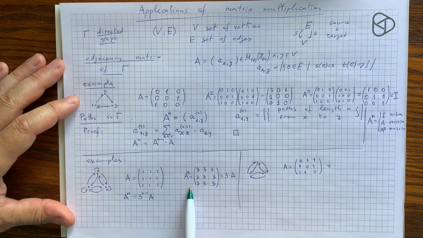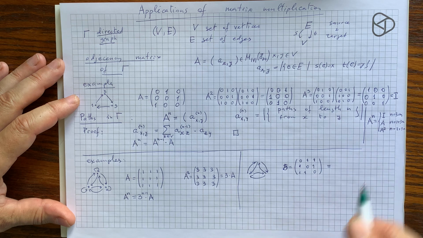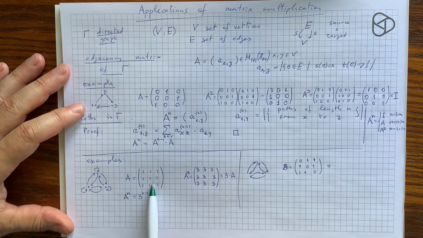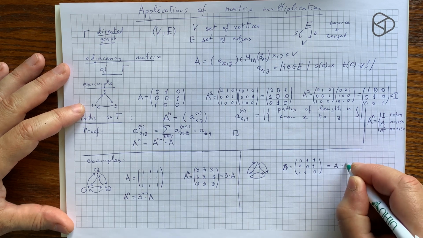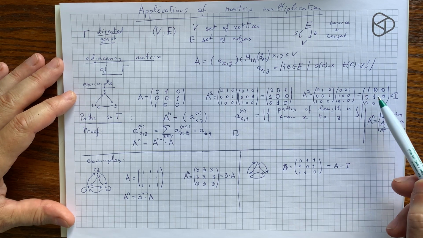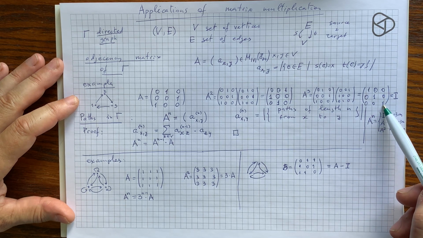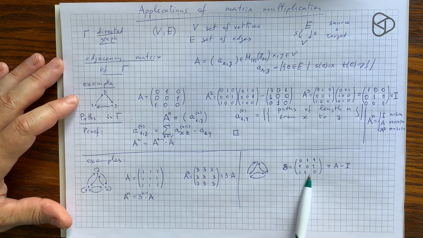With respect to the previous one, maybe I should call it differently to distinguish from this A. And in terms of the previous A, it is A without the identity matrix, because the identity matrix will be just all ones on the diagonal and zeros everywhere else. So if I subtract this matrix from that, I will just get what I have here.